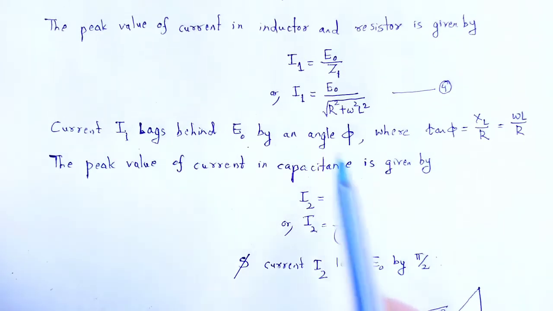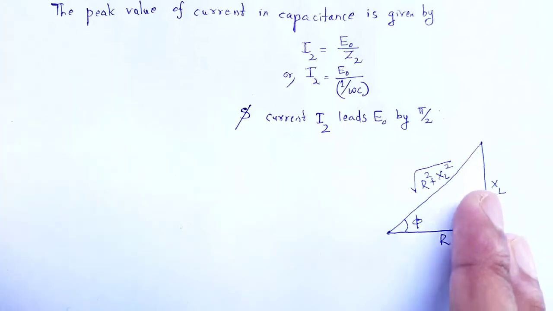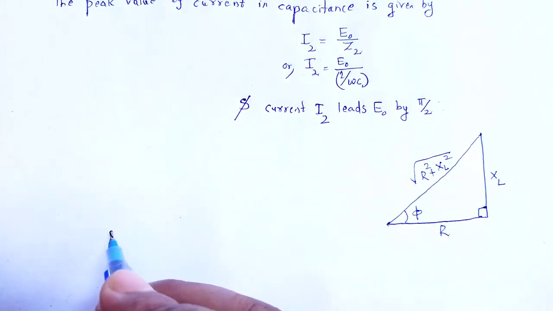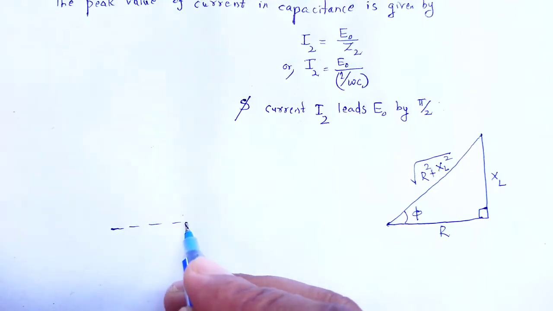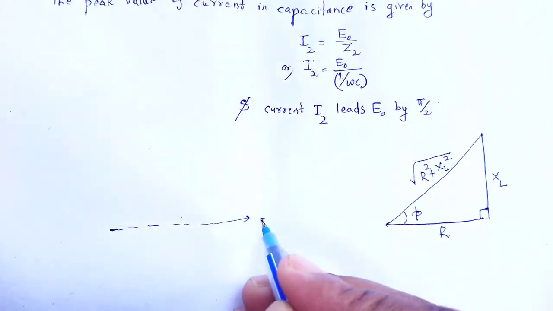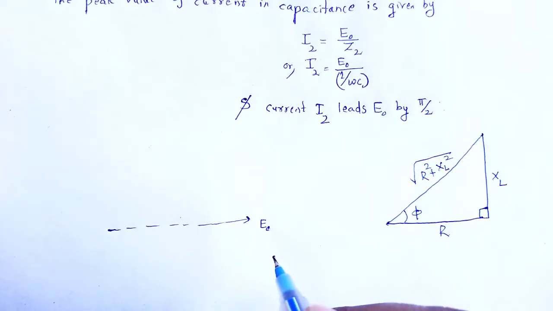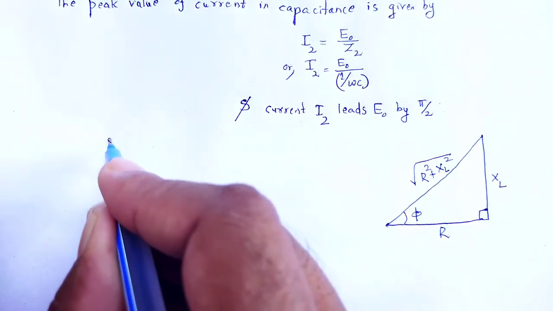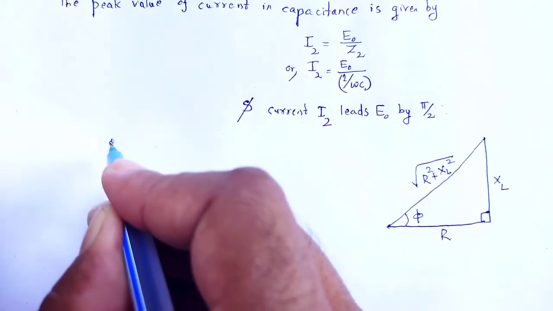And the representation of currents: E naught, that is the peak voltage, in this axis.